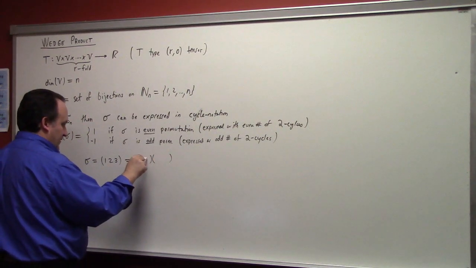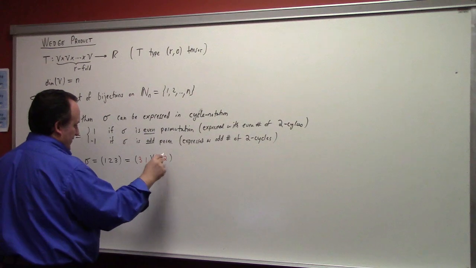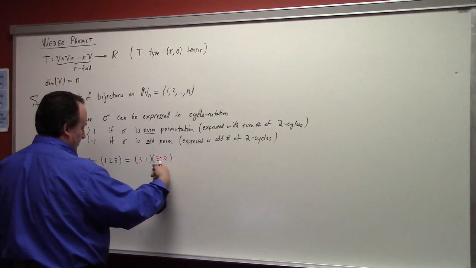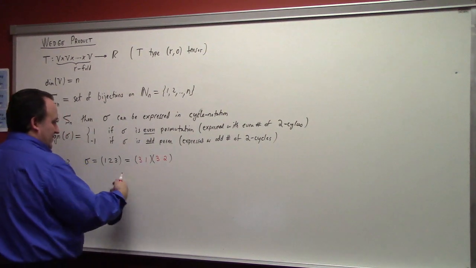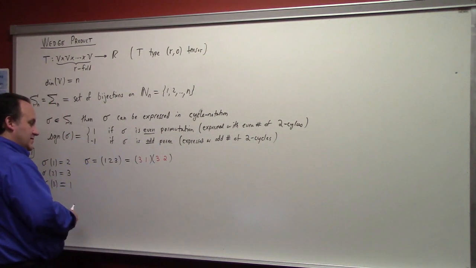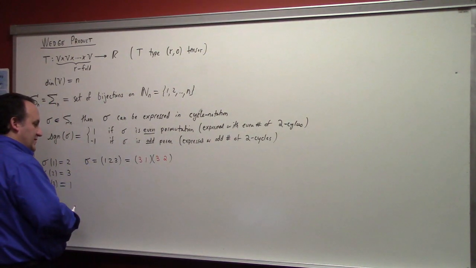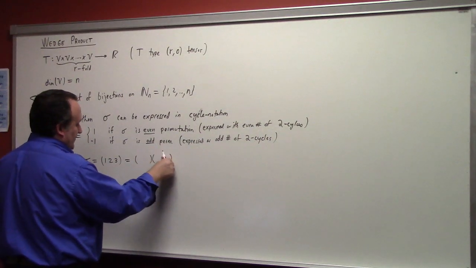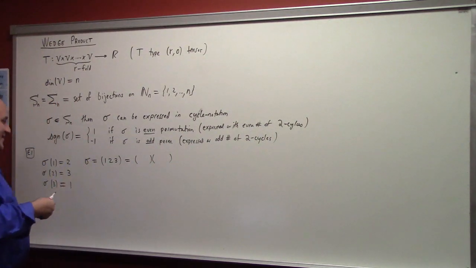I'll do (3 1)(3 2). Let's see if that works. All right, so I plug in 1, goes nowhere, goes to 3. That's not working. Dang it. What's a stupid trick for that? I can't for the life of me remember. We'll figure it out eventually. If this takes us all class, we will figure this out.